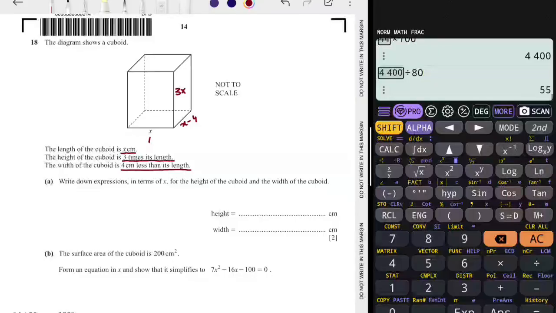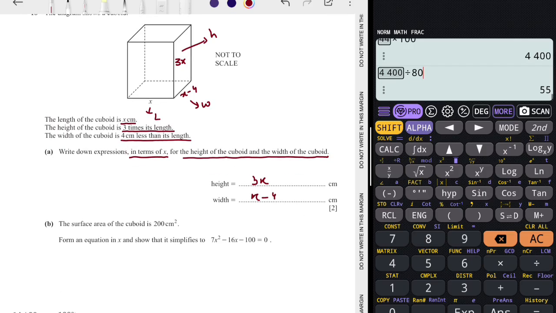So we can label it: this is length, width and this is the height. Write down expressions in terms of x for the height and width of the cuboid. So the height would be 3x and the width would be x minus 4.